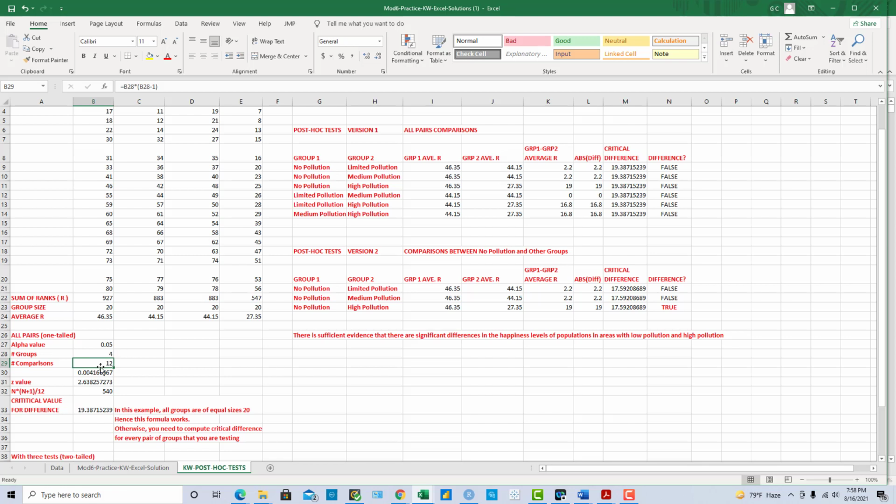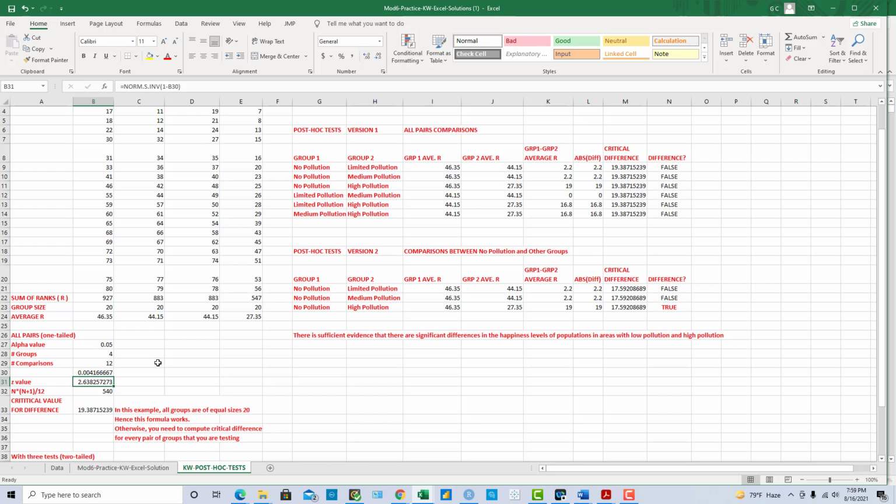So that's how we get the 12 comparisons here. And then we are going to divide this 0.05 by 12 for the significance level. So we get this in B30.